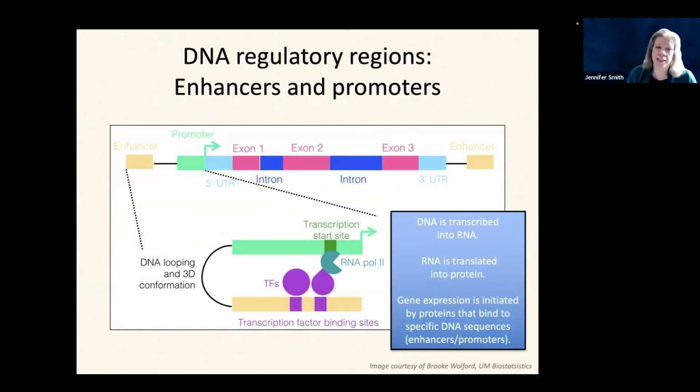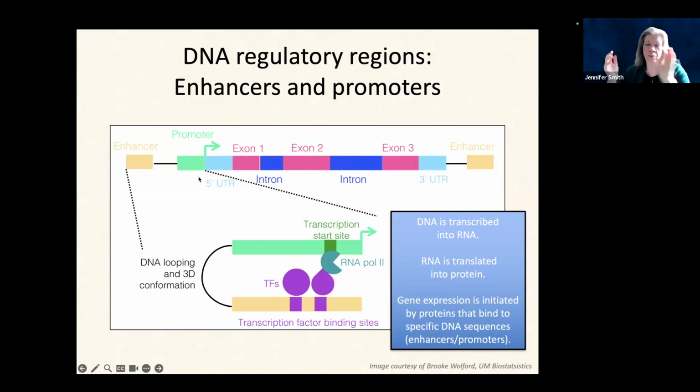When we think about the DNA regulatory regions, one thing we have to remember is the genes, which have their exons and their introns, right? Coding for protein here. The introns are going to be cut out. Upstream of where the protein coding region starts, remember, DNA is oriented in a 5' to 3' direction.